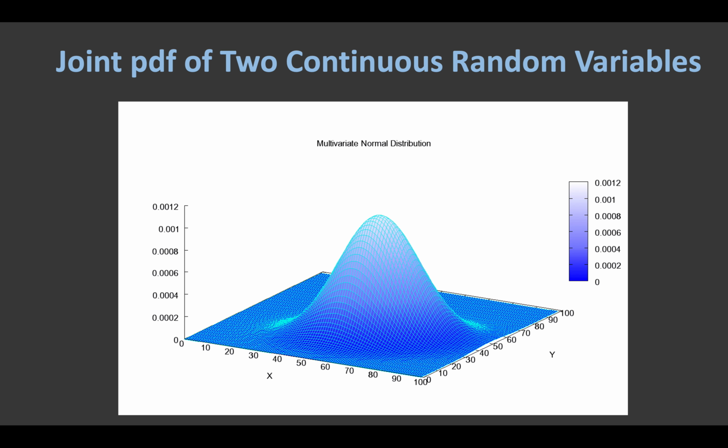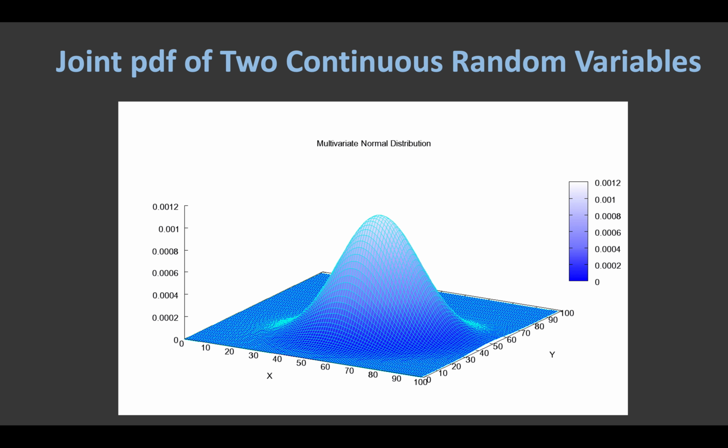Now, if we think of it on a rectangle, then you can think of this as a continuous random variable, right? This figure shows a multivariate normal distribution. You can see that on X there are two dimensions, or there are two random variables.